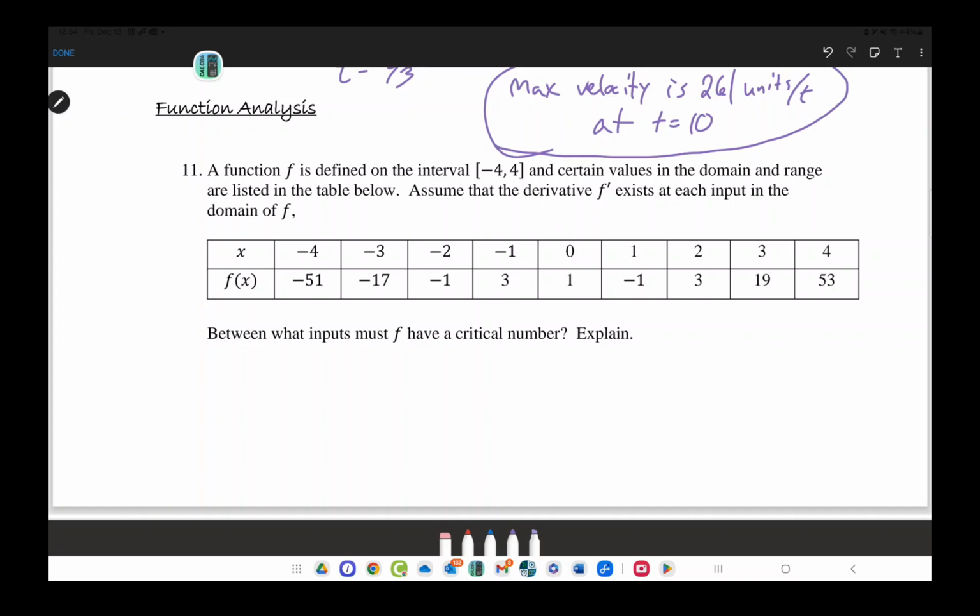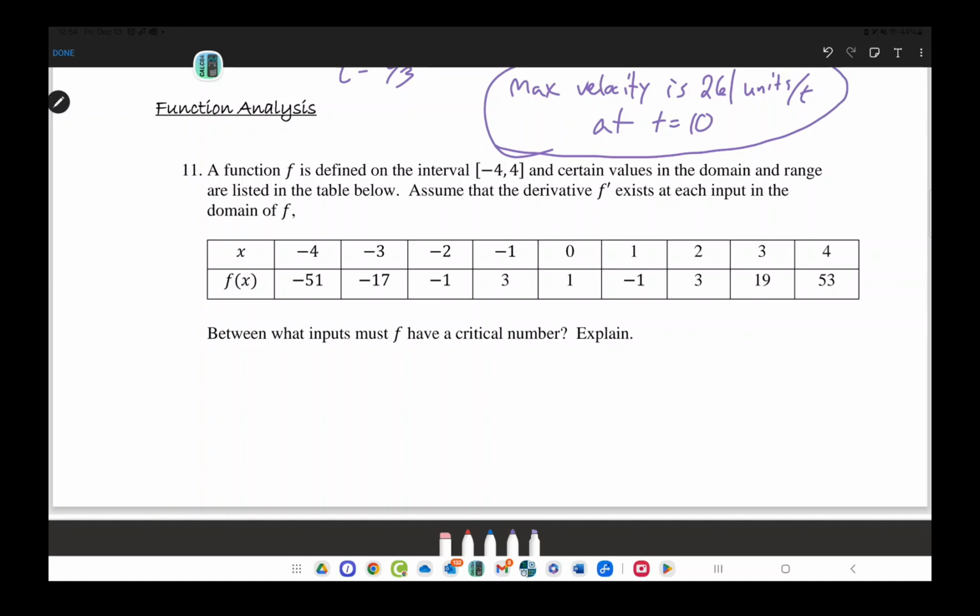Take the derivative and set the derivative equal to 0. Now, what's happening on the left and right side of those points? The derivative goes from positive to negative or negative to positive. Where a derivative is positive, f is increasing, and where it is negative, f is decreasing. So we need to find where the function is changing from increasing to decreasing or decreasing to increasing.